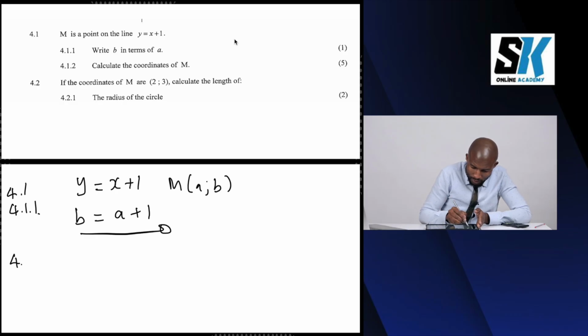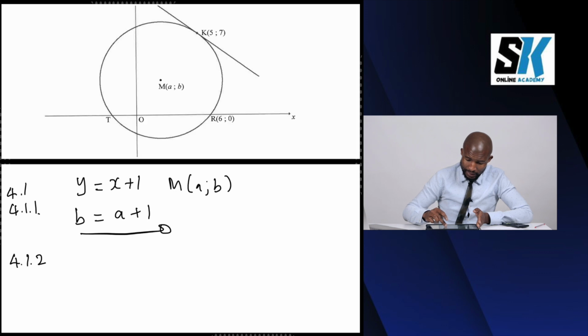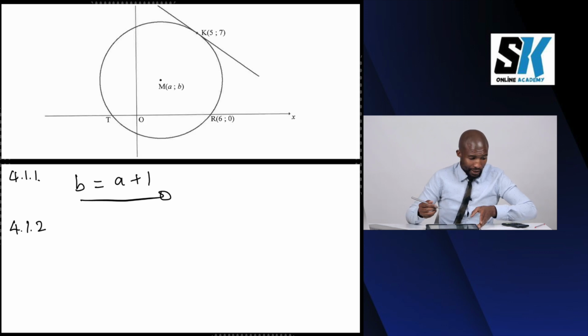So the next question, 4.1.2, says calculate the coordinates of M. If you look at the diagram, I'm just going to make a mini sketch again.